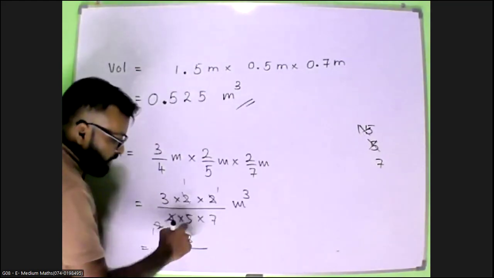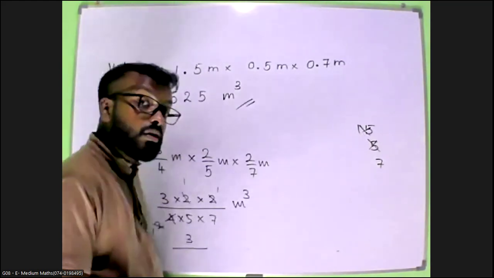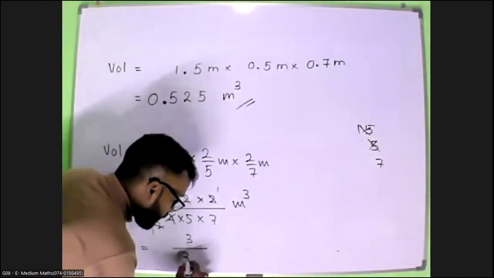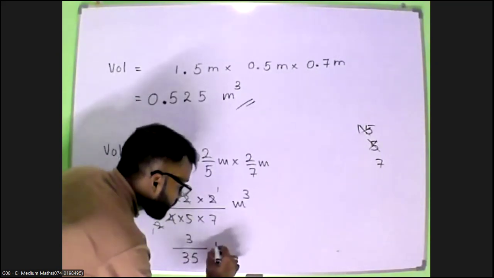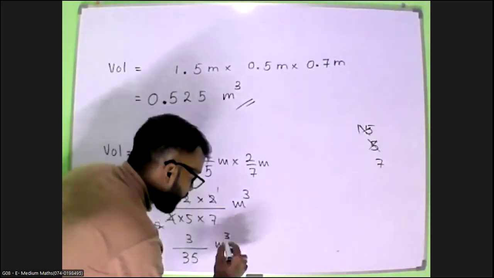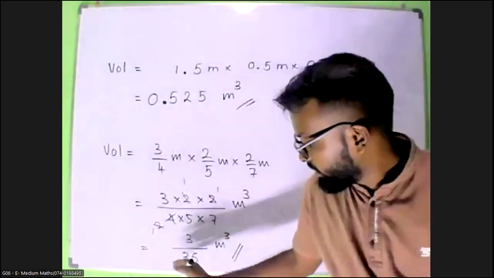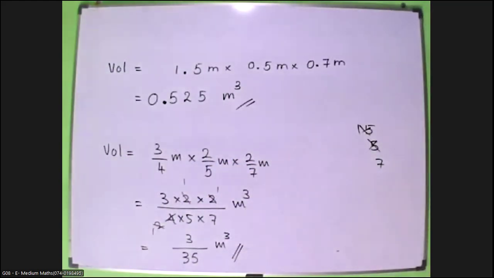Denominator 1 times 5, 5, 5 times 7, 35. So this should be the value. This is a proper fraction.